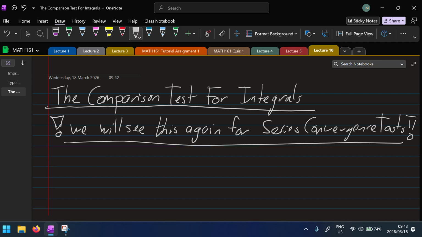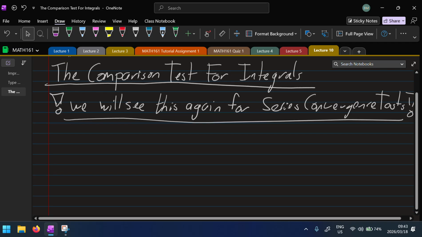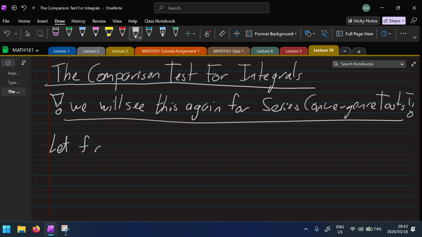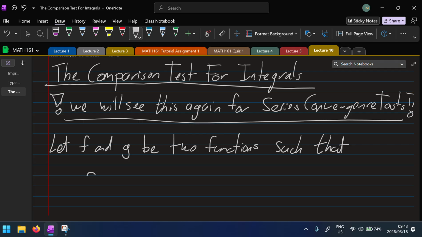Okay, so what is this comparison test? So let's say we have two functions f and g, such that we have 0 is less than or equal to f and is less than or equal to g on their domains.